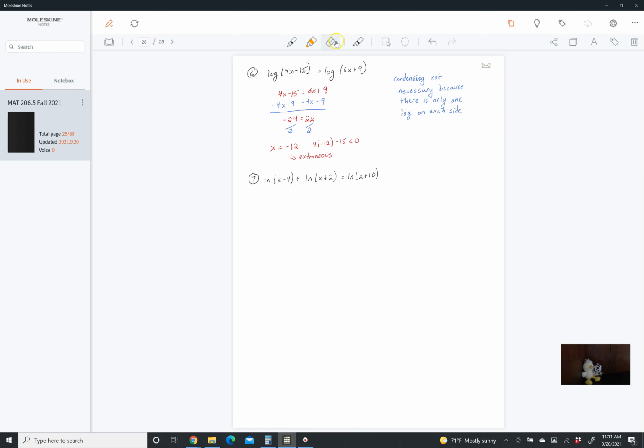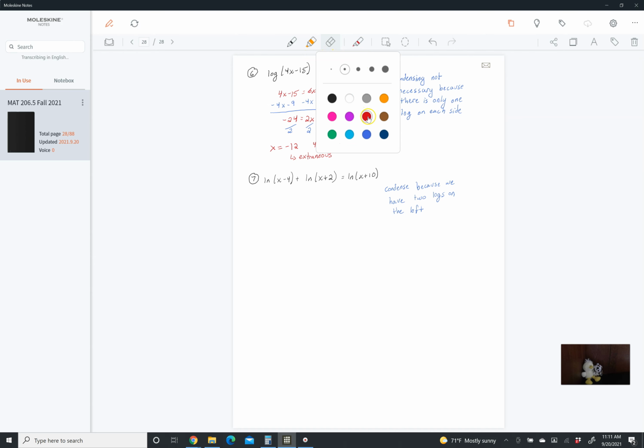This is a case where we want to condense first, because we have 2 logs on the left. You cannot solve these equations when you have more than 1 log on a side. You just can't do it.